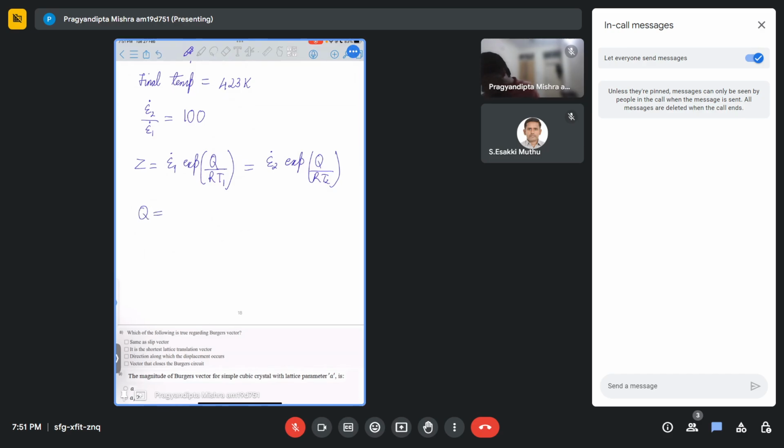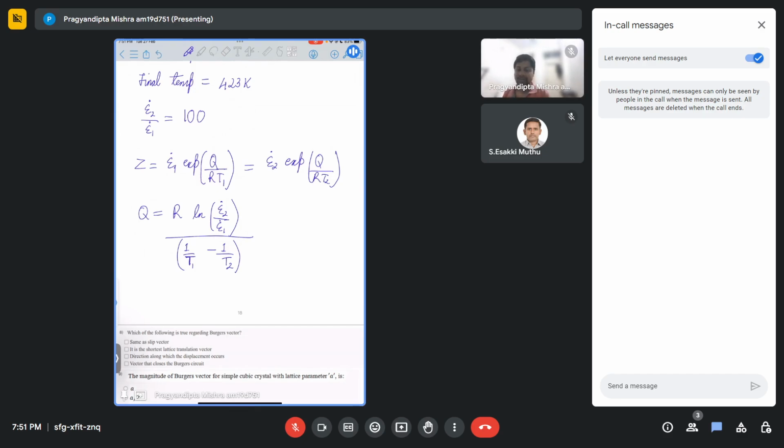So I'll directly get Q is equal to, I'll take the ln on the other side. So R times, because R is in the denominator, ln of epsilon 2 dot divided by epsilon 1 dot. Right, now that makes sense. And then in the denominator we'll have 1 by T1 minus 1 by T2. Yes, this is the correct expression.